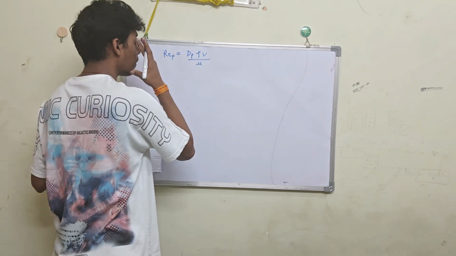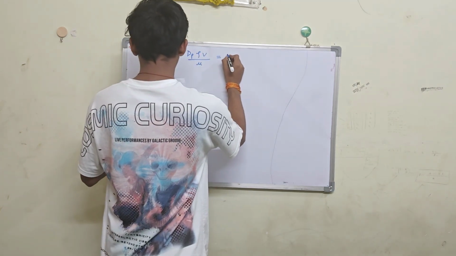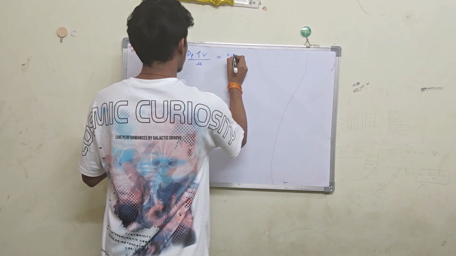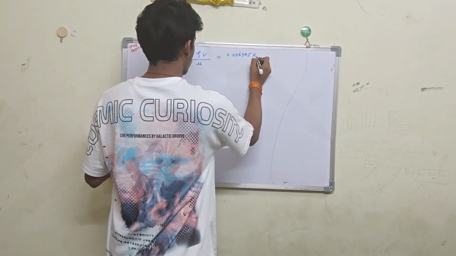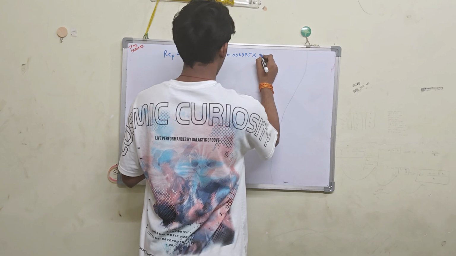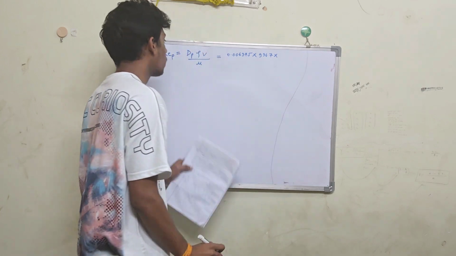This is the diameter of the particle, which is given as 0.00635. Its density is given, and now the velocity is not given.